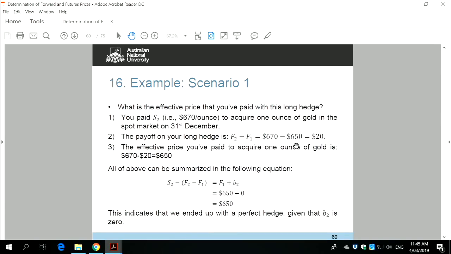So you bought at 650, that's the minus sign, and you sold at 670. You made a $20 gain on your long hedge. So effectively, what you paid is 670 minus the gain that you made. So your total cost is 650.